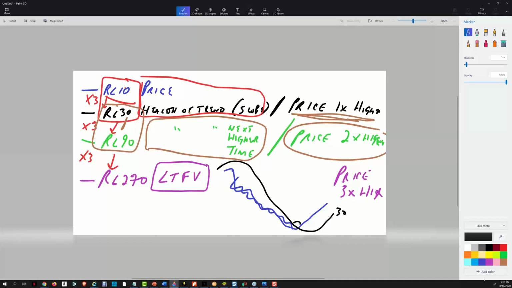That's what makes these turning points so important. The price would have done something like that. So that makes these turning points really important, because that smooth RL30 is helping you mark off those key turning points.